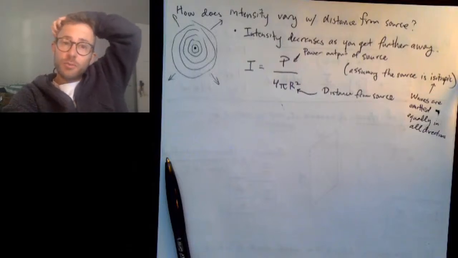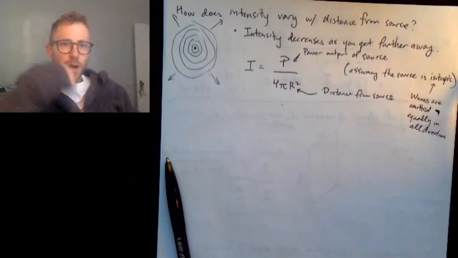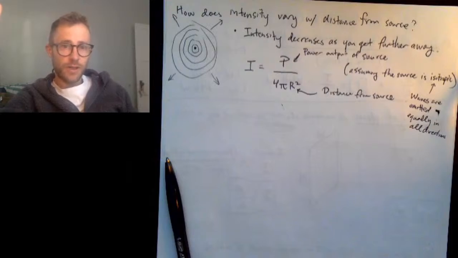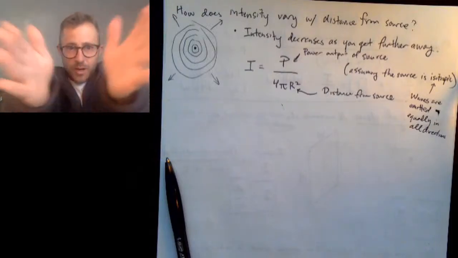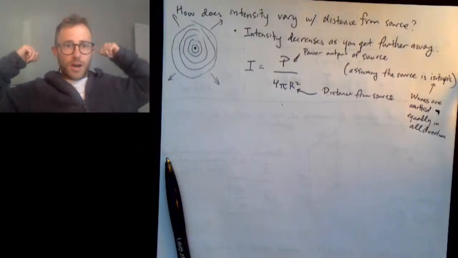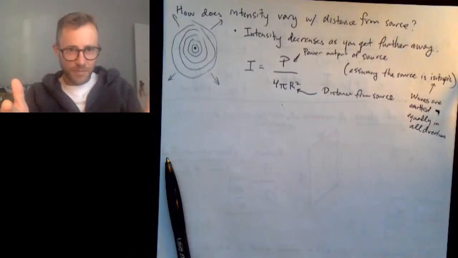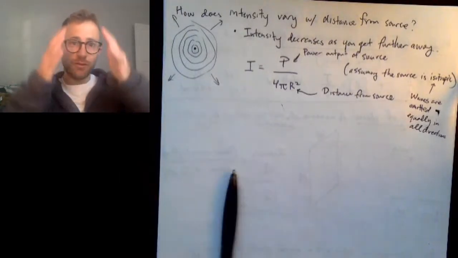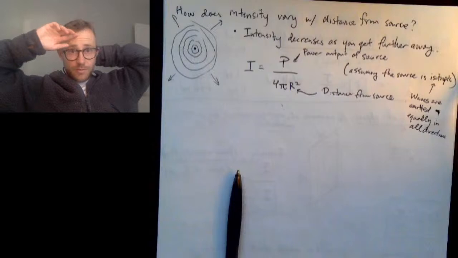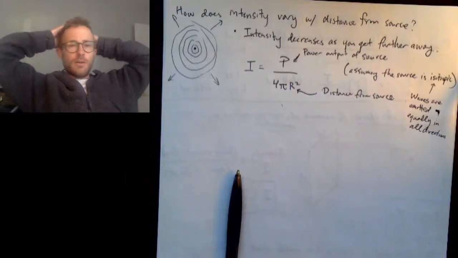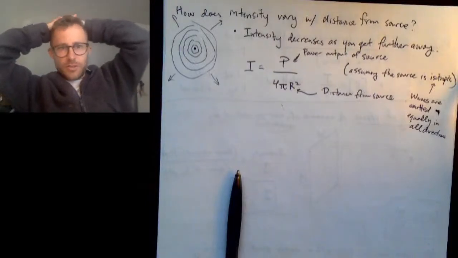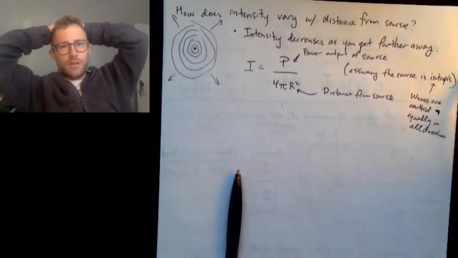So for example, if I'm speaking, my mouth is a source of waves, of sound waves. That is not an isotropic source because my mouth is emitting more waves in the forward direction than it is behind, right? If I'm facing you, you can hear me more easily because the intensity is greater in the forward direction versus the reverse direction, okay? You know, radio antennas can also have this kind of a beaming capability.